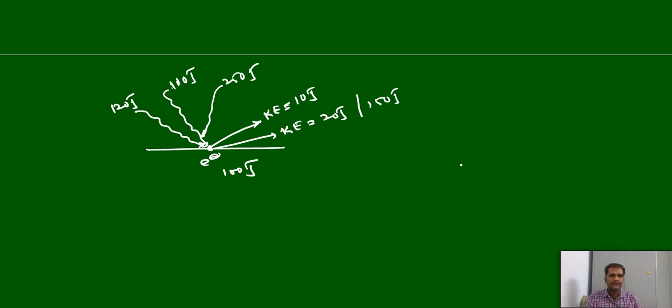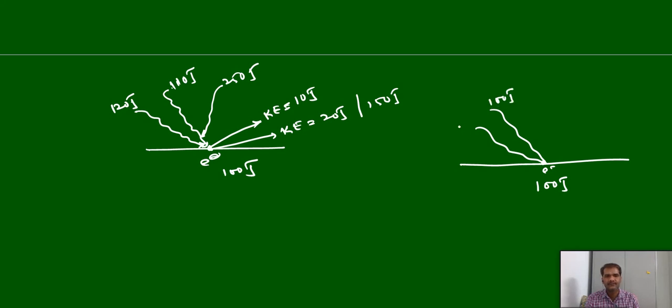Similarly, one more experiment. Again we have here 100 joules. The electron energy is the same, let us assume, but I will incident 2 photons at a time. One is with 100 joules and one is with 90 joules.